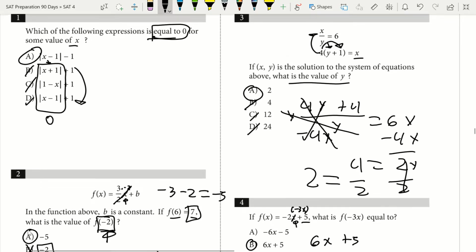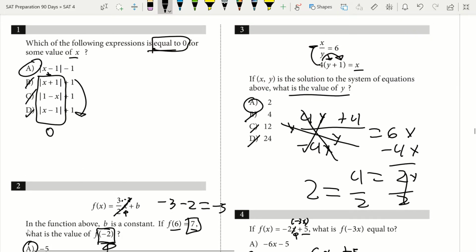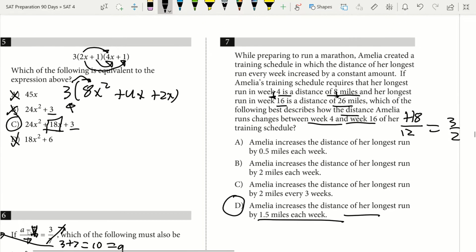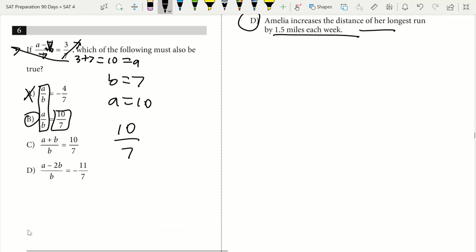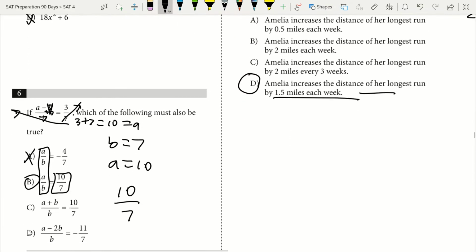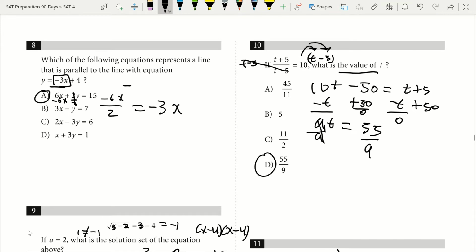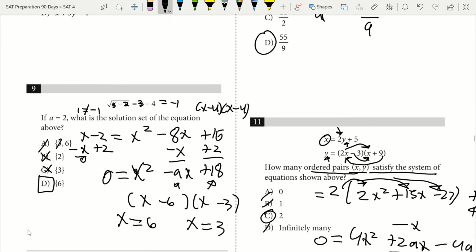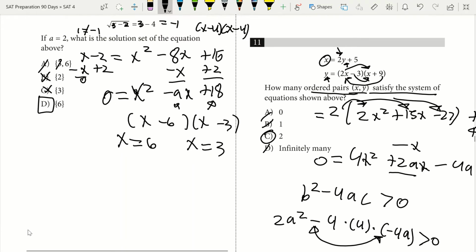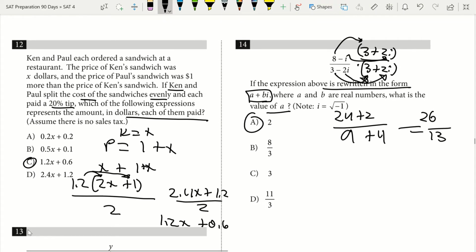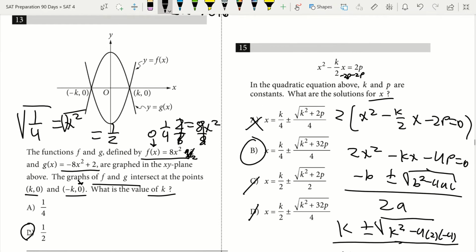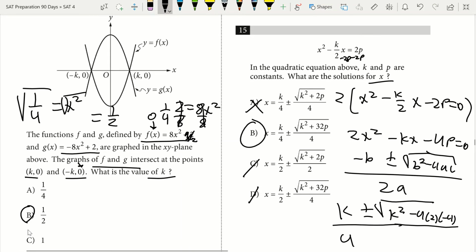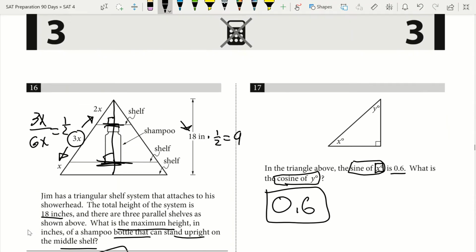Okay, so question 1, A. Question 2, A. Question 3, A. Question 4, B. Question 5, C. Question 6, B. Question 7, D. Question 8, A. Question 9, D. Question 10, D. Question 11, C. Question 12, C. Question 13, B. Question 14, A. Question 15, B. Question 16, 9.